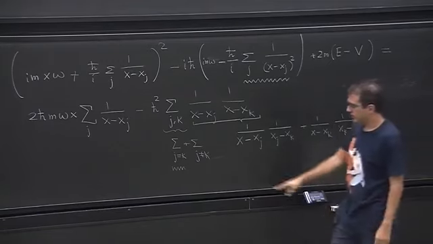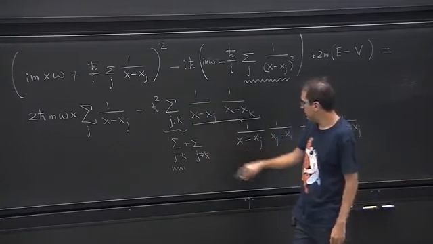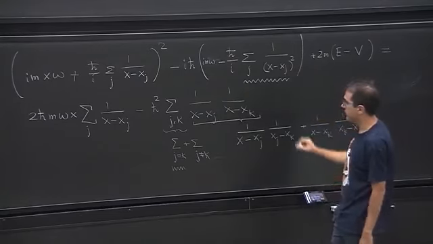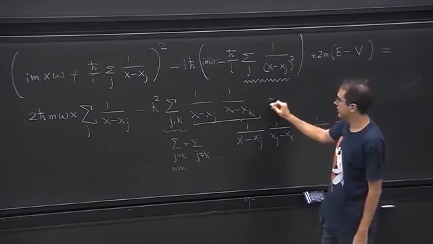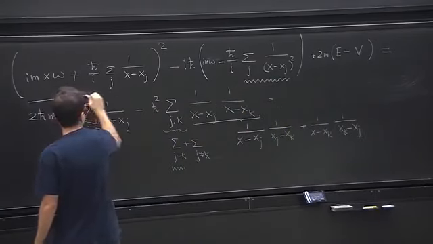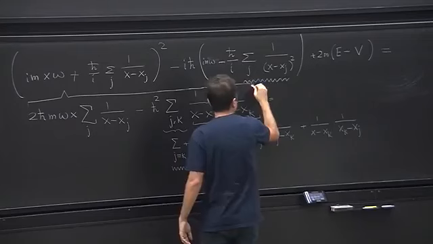But this is just symmetric. I sum over the difference. So I can just keep this one and multiply by 2. And therefore, this term now, I'm simplifying it.